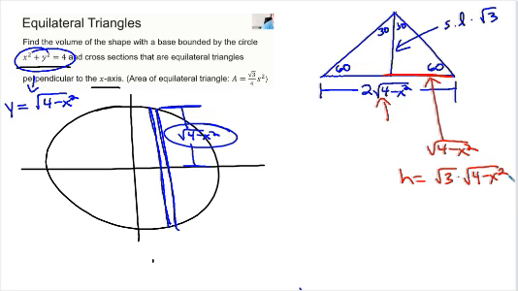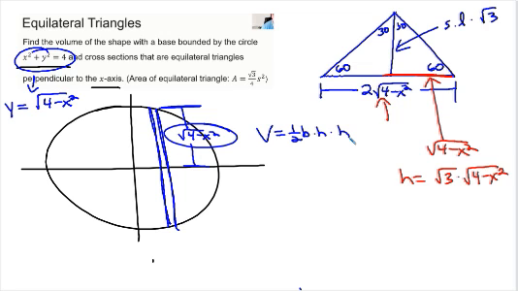All right? The volume of any triangular region like that is going to be 1/2 the base times the height, that's the area of the base, times the thickness, the height, all right?